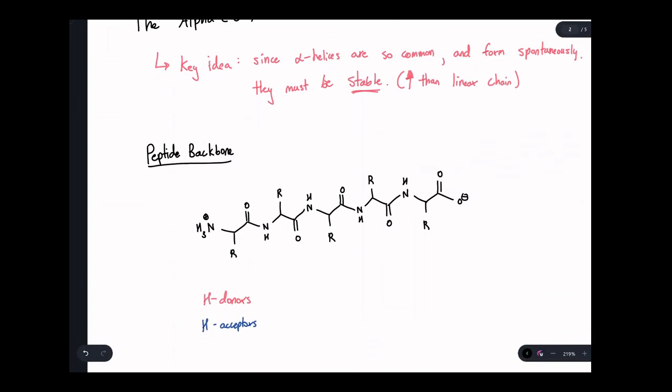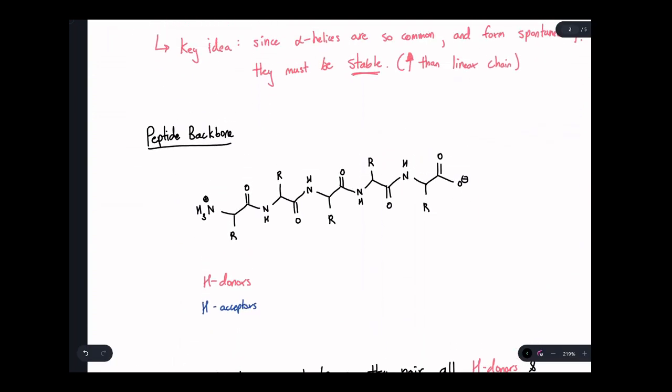The idea is when we look at the peptide backbone, there's lots of hydrogen bonds that could happen, right? Lots of hydrogen bonding. So you'll notice, just looking at the backbone, ignoring the R groups, it doesn't matter what those are. We're looking at the backbone. Every amide bond has a hydrogen. That hydrogen could be an H bond donor, right? And by itself in solution, if we put this into water, it'll H bond with water. It'll be stable, but it always wants to be H bonded, otherwise those hydrogens have positive charge.